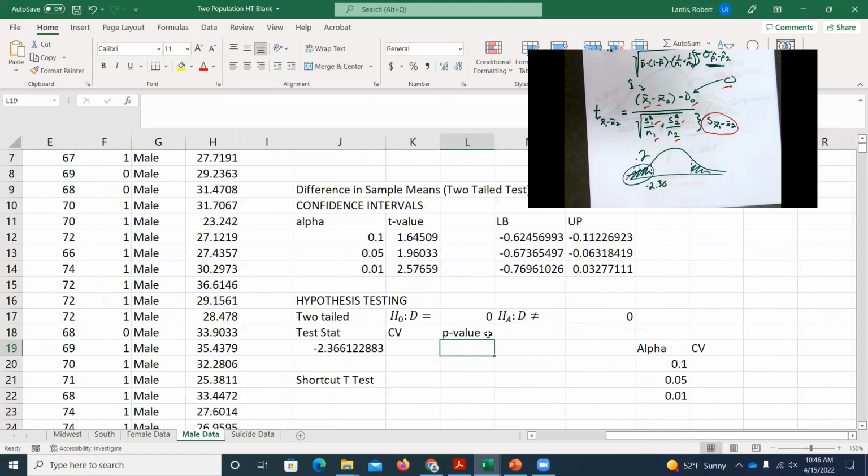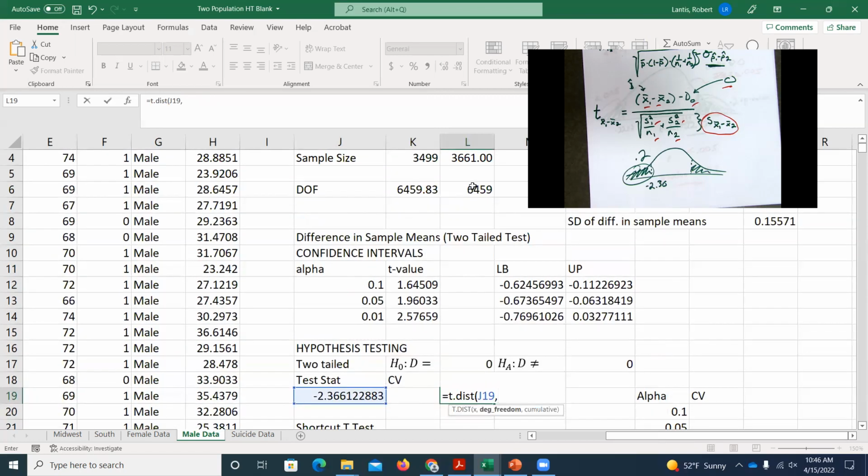Now I'm not using the standard normal distribution anymore but the student t, so I can use t.dist. I tell it, here's my test statistic, comma, here's my degrees of freedom, comma, and make it cumulative, so we always put comma 1 in there. Once I have the area in this left tail, my total p-value is that times 2.